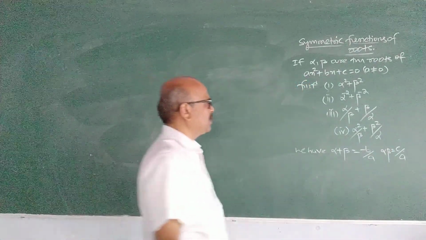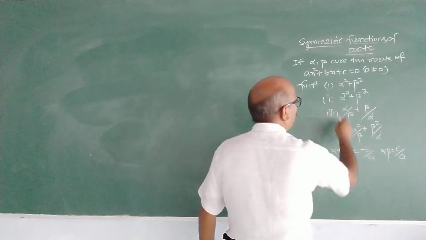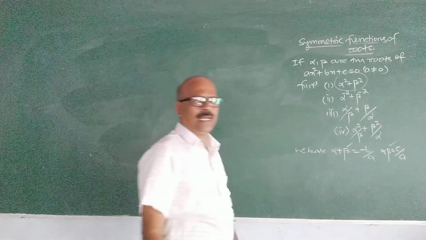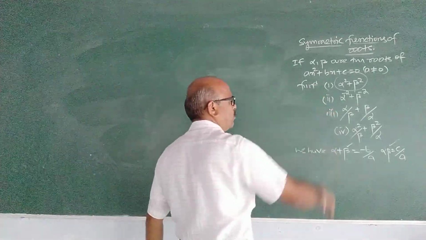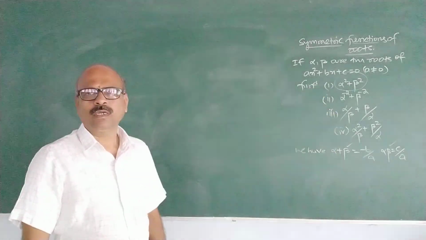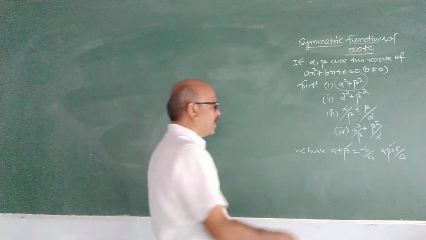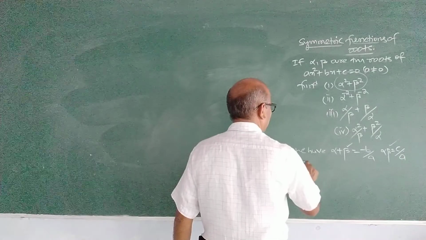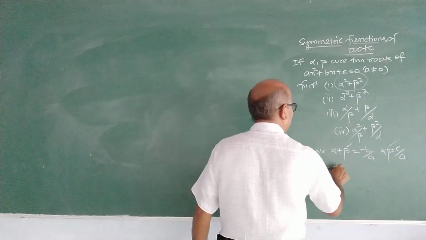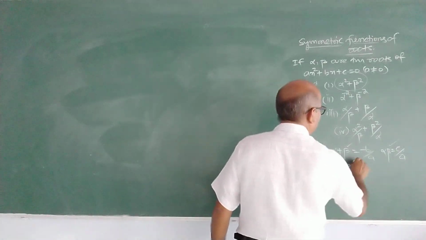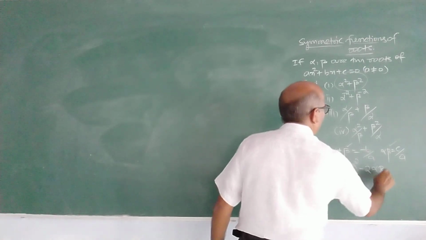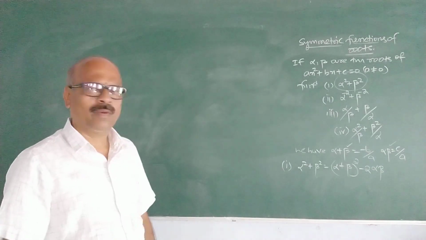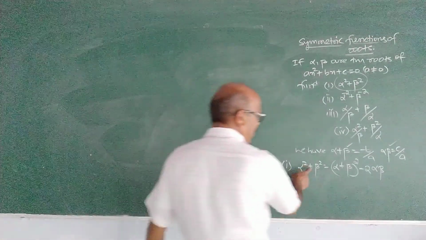To find the value of a symmetric function, we have to express it in terms of two things, alpha plus beta and alpha beta. All these symmetric functions we have to express in terms of only alpha plus beta and alpha into beta. For the first one, alpha square plus beta square, we write alpha plus beta whole square minus 2 alpha beta. Now we know the values of alpha plus beta and alpha beta, hence we can find the value of this.